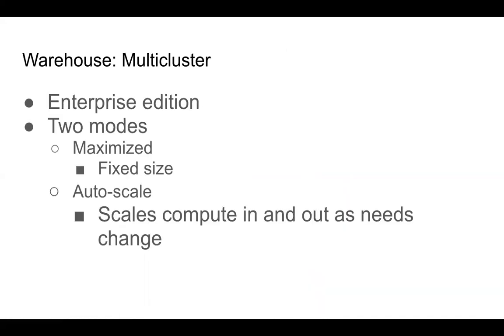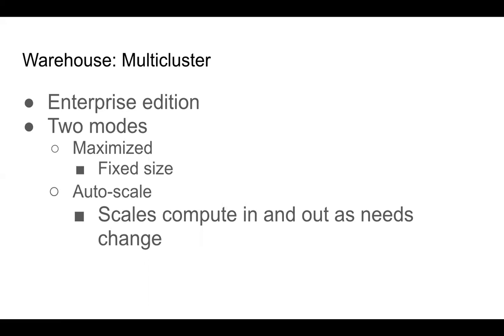There are some enterprise features that we'll talk about now. One of them is multi-cluster. Multi-cluster is the ability to have multiple clusters. There's 2 modes for this. There is maximized and auto scale. With maximized, you'll just choose this from the dropdown, or you can specify it programmatically.